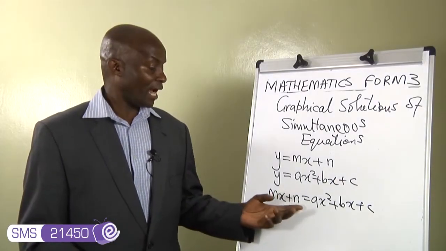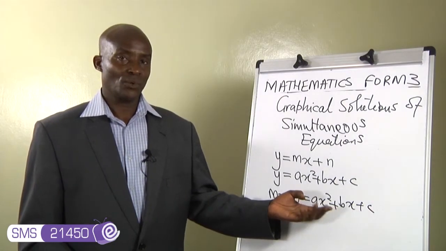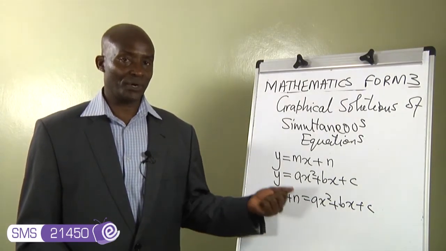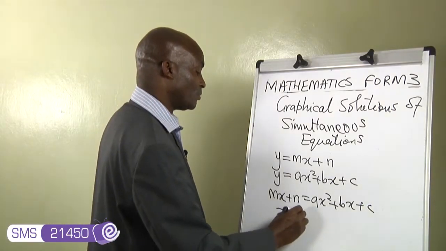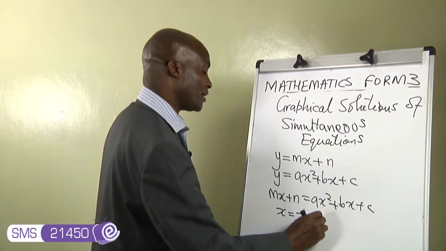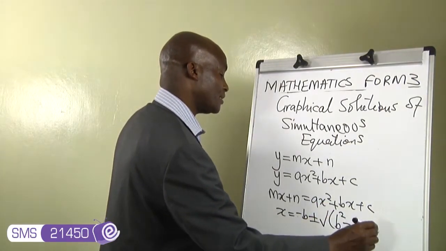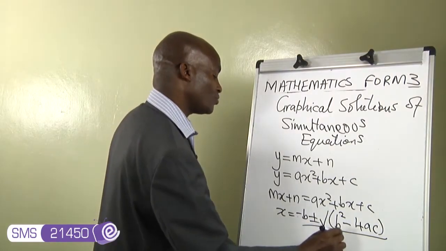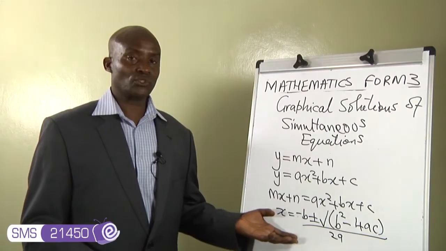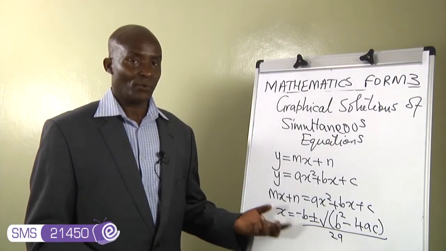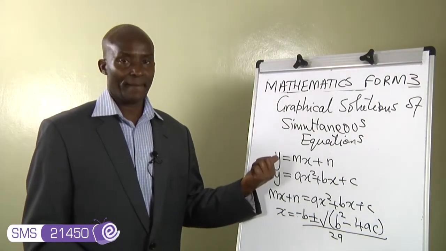After you solve this, you come up with a quadratic equation, which you can solve using the quadratic formula: x equals negative b plus or minus the square root of b squared minus 4ac, divided by 2a. So you will have two values of x, which means you will have a corresponding two values of y.